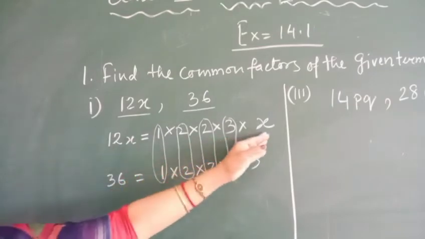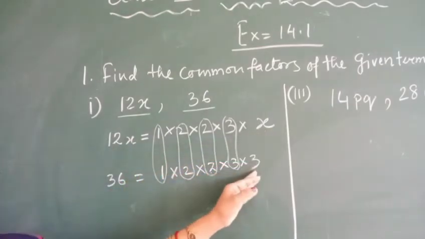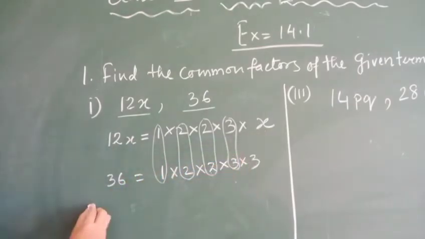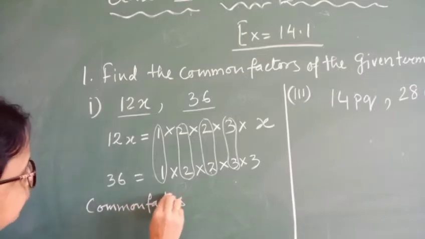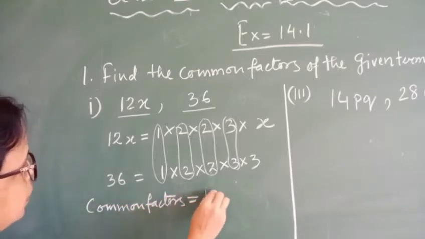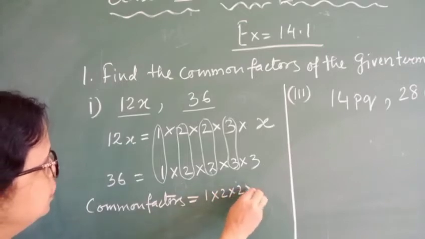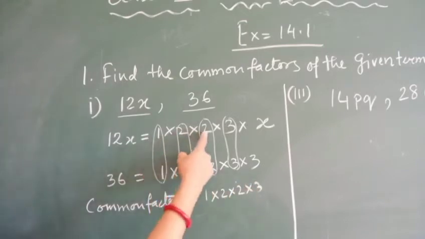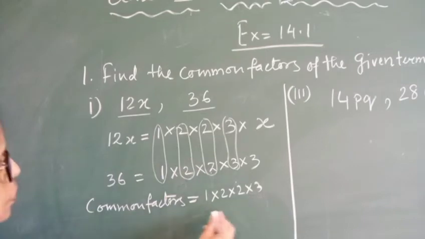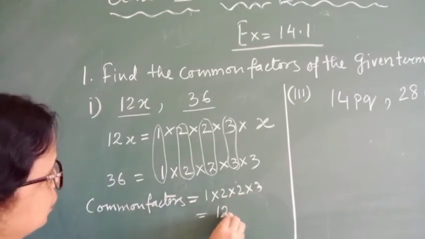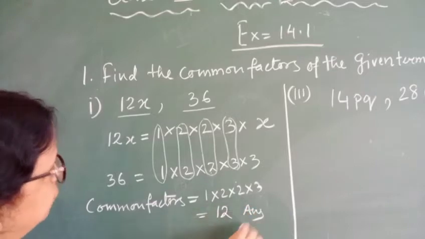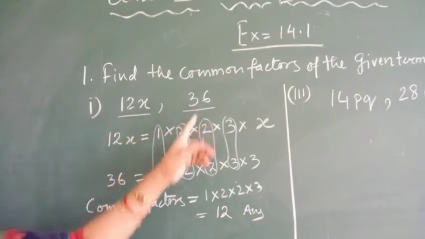But x I can't take, and the extra 3 is only in one. So the common factors are 1 into 2 into 2 into 3. 2 twos are 4, 4 threes are 12. So the common factor of 12x and 36 is 12.